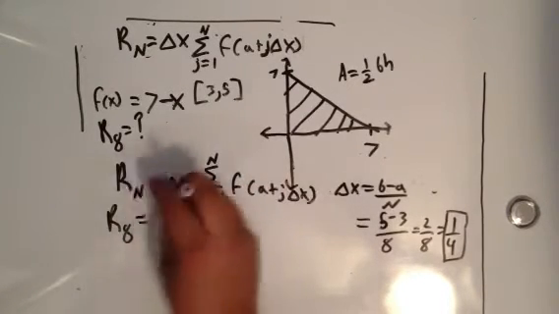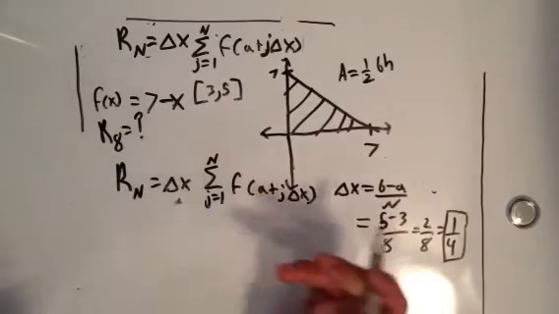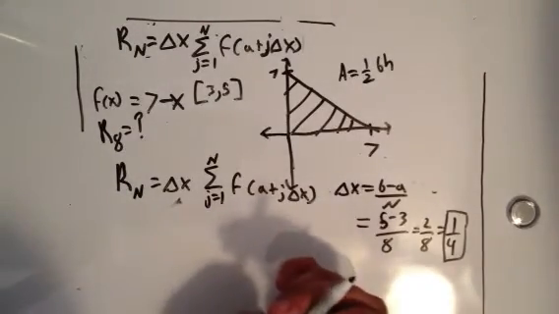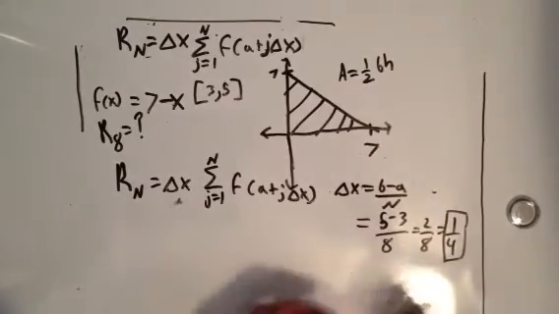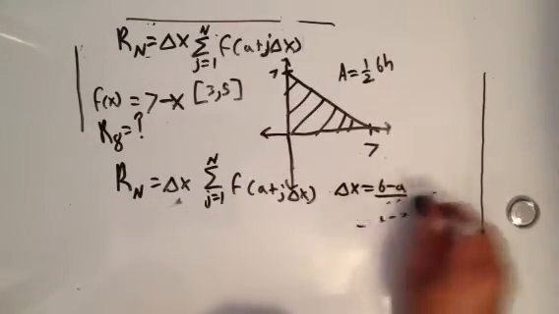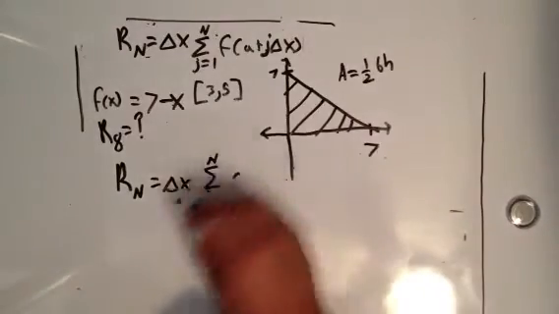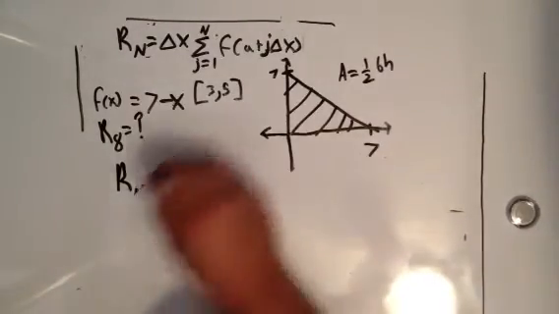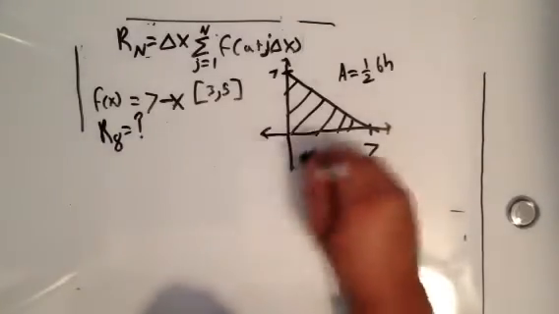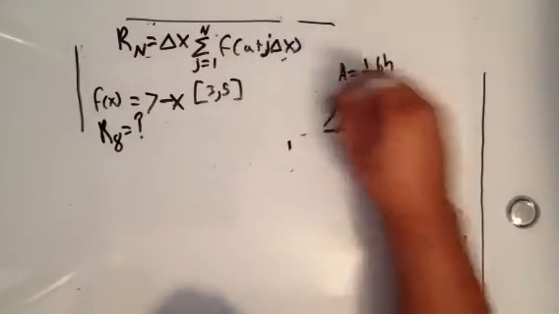Let's write this a little further down to give ourselves more room. Since we already have the equation, we could just erase it all. You know that delta x is equal to 1/4, so that should lead us on the right path.